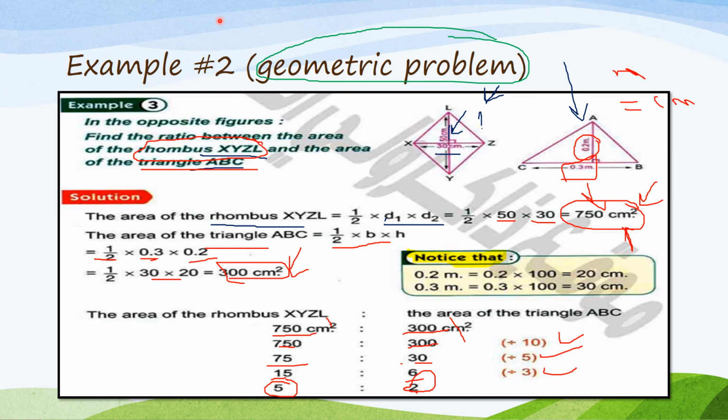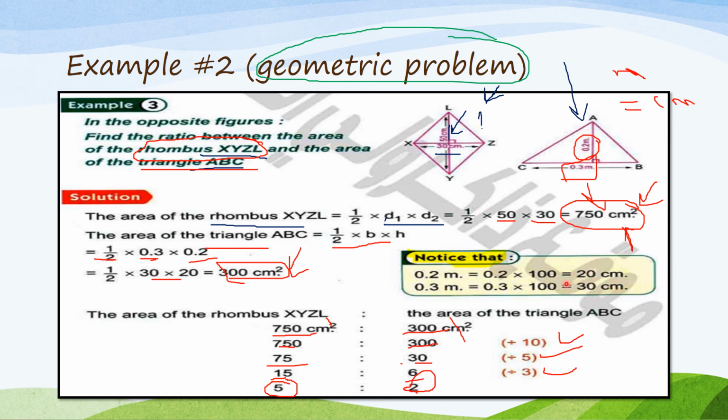Notice that while we're doing this, we have noticed something really very important: people who put the exams or the lessons sometimes try to trick us, giving us different and other measuring units, so we can get it wrong. So here, when we dealt with 0.2 meters and 0.3 meters, we converted the meters unit to centimeters, so it can go with the rhombus, right?